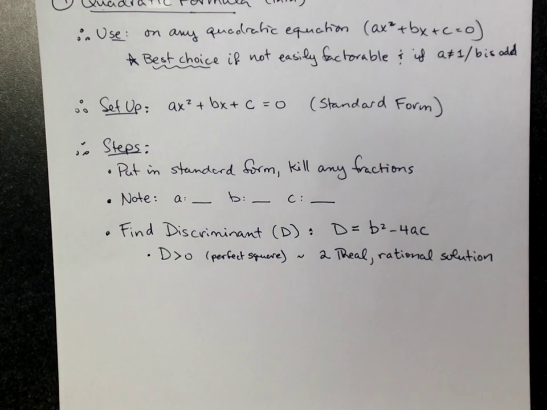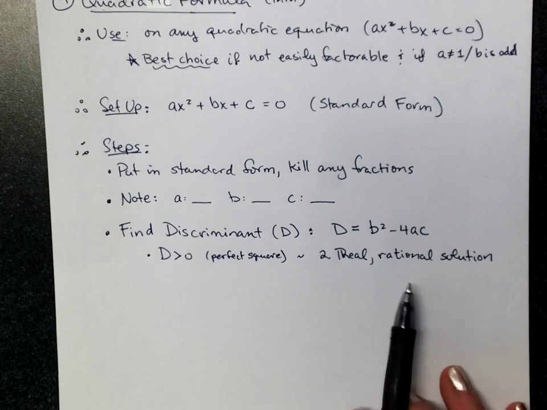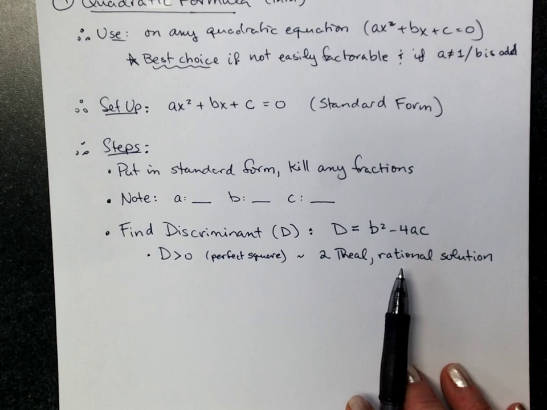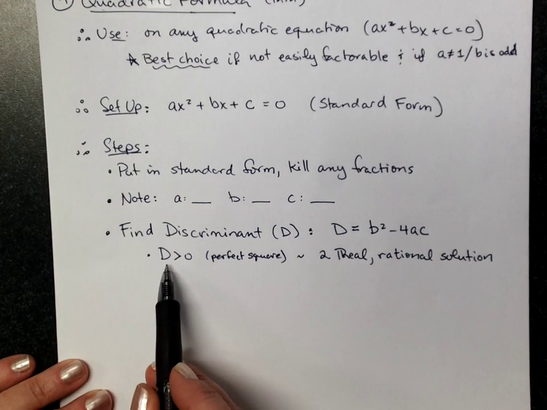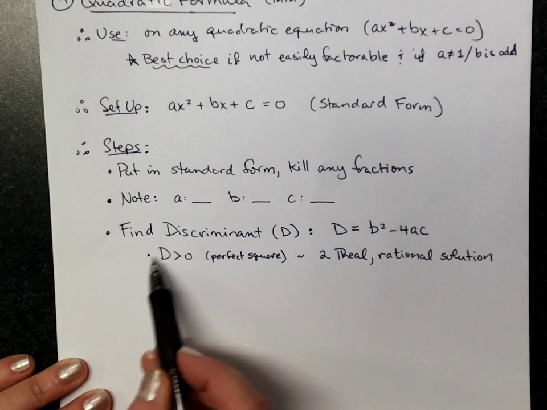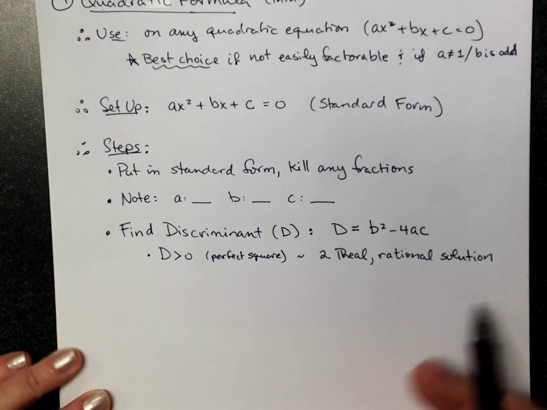The radical goes away. Remember from the first day, working with complex numbers, we had that handout with real numbers, and they can either be rational or irrational. Non-perfect squares or leftover radicals are always irrational. So a positive perfect square means 2 real rational solutions.